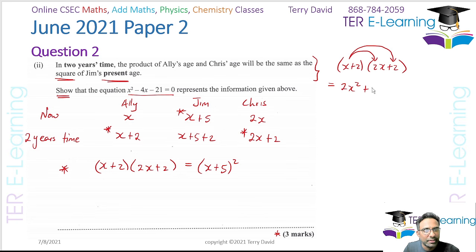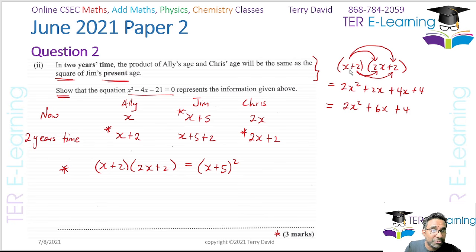This is going to give me 2x. Next thing I'm going to do, I'm going to take this 2 and multiply by this 2x. So that's going to give me plus 4x. And then I'm going to take this 2 and multiply by this 2 and I'm going to get plus 4. So I'm going to simplify that and I'm going to get 2x squared plus 6x plus 4.